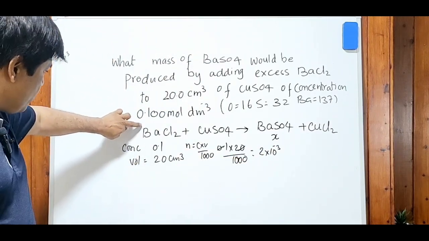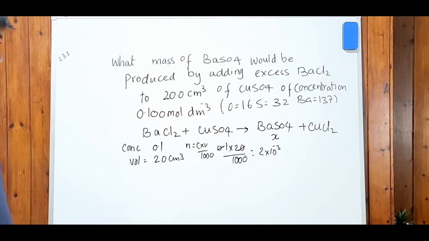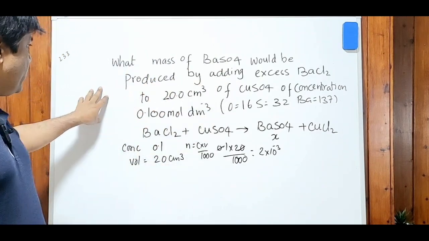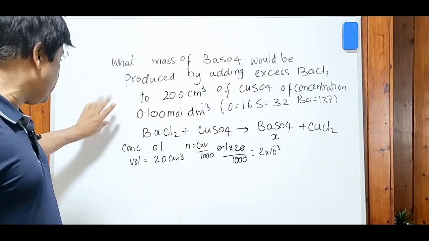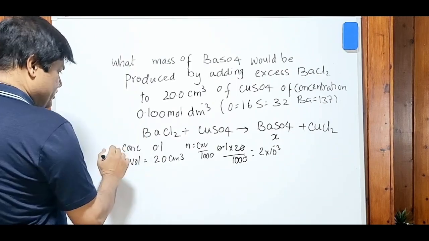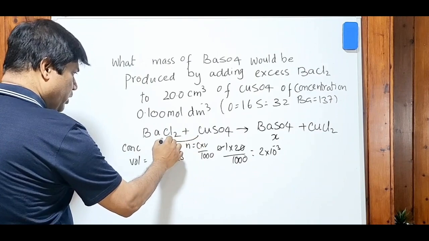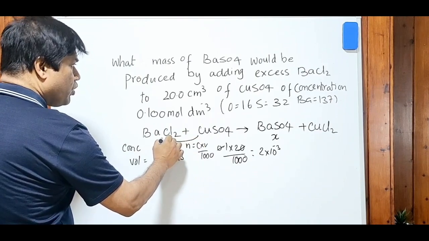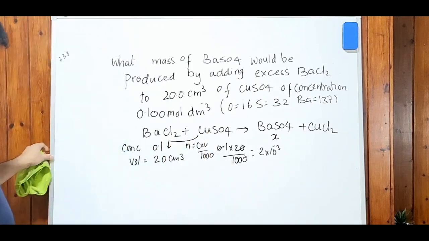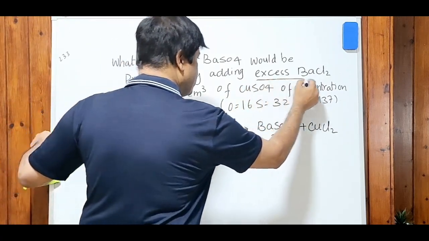What's the molar ratio of barium chloride and barium sulfate? 1:1. What mass of barium sulfate would be produced by adding excess of barium chloride? My bad, guys. That's the barium chloride in excess. So this is the volume and concentration of copper sulfate, not the barium chloride. Look at that. Barium chloride is in excess.